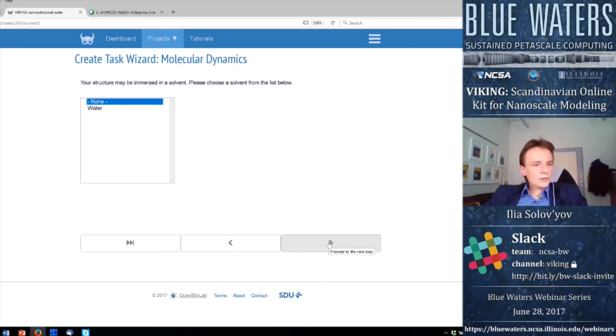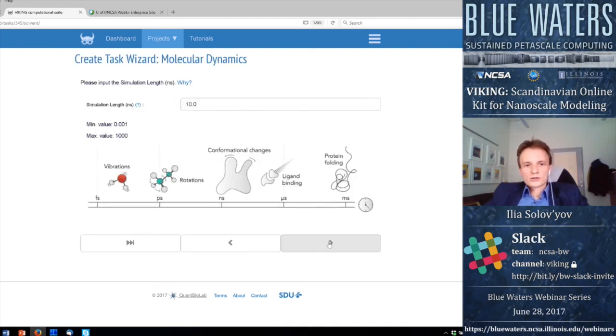All right, let's now proceed to the next step. Here we need to define the overall duration of the simulation. For many realistic simulations, you probably would like to go beyond nanoseconds, in some cases even beyond microseconds.